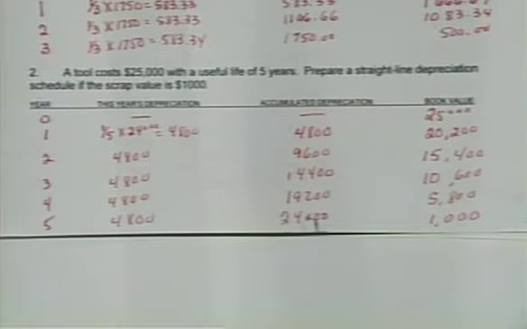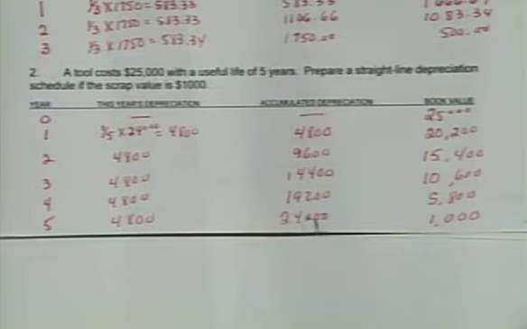The key for straight line depreciation is that you must subtract before you begin. You must take the book value or the original price in year 0, subtract the scrap value, and then come up with the amount of depreciation each year.